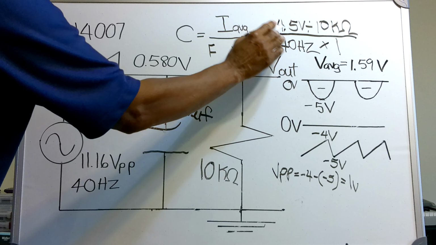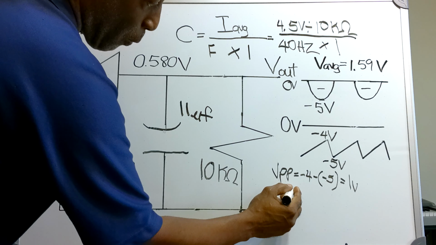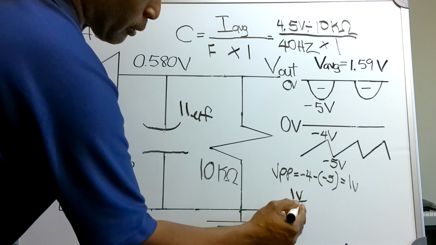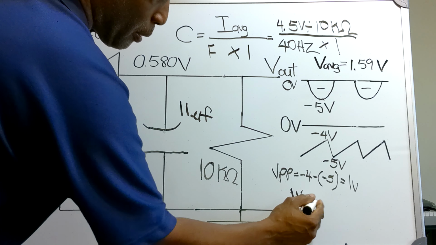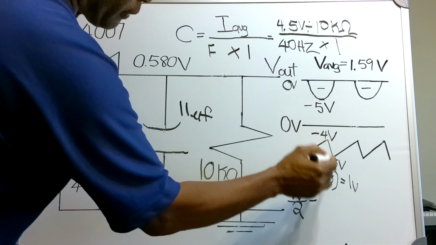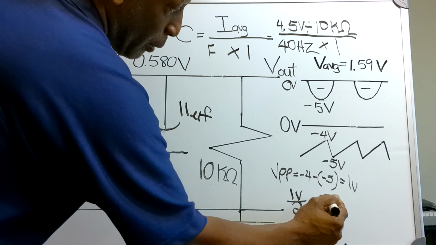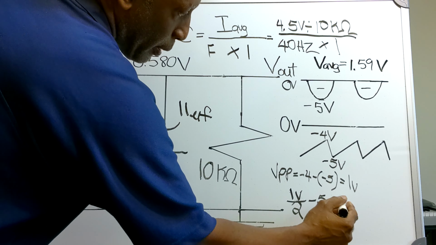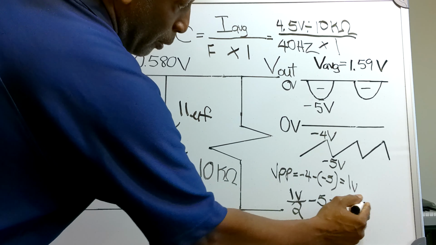Now, to end up with 4.5 volts, I go 1 volt divided by 2 minus 5 volts, which equals -4.5 volts.